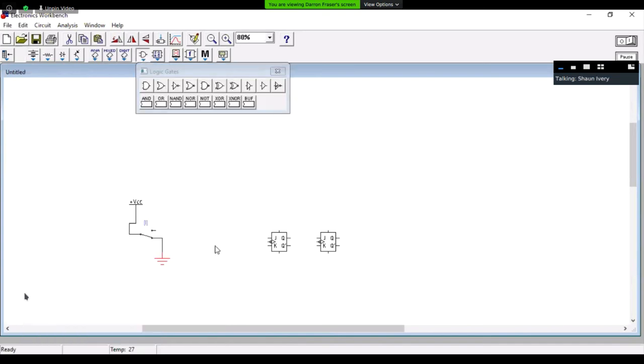We need to put that through an OR gate. And J is not I plus not B. So we use a little bit of Boolean logic.